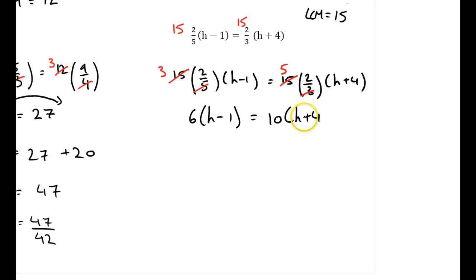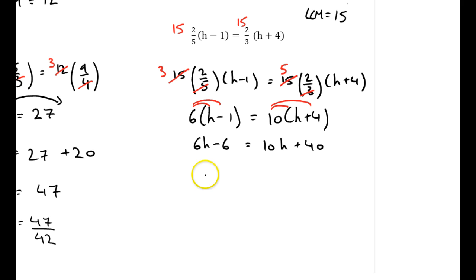Now it makes sense to distribute to get rid of those brackets, so we can unravel and solve and figure out what h is. So here we have 6h minus 6 equals 10h plus 40. Now we can start combining things. I'm going to move the 6h over there and the 40 to the left side.